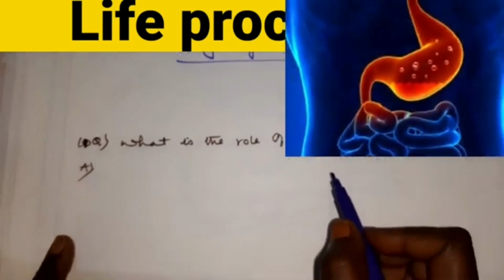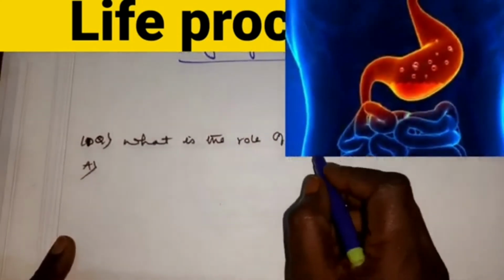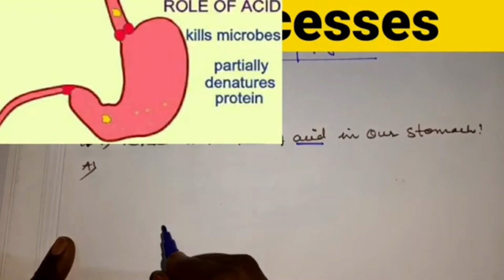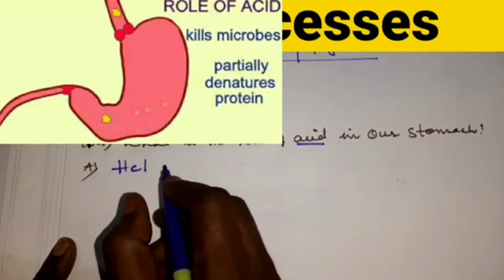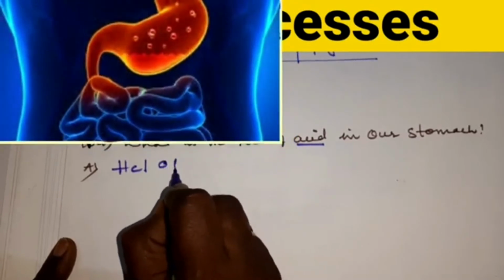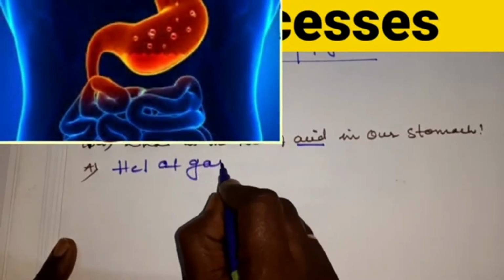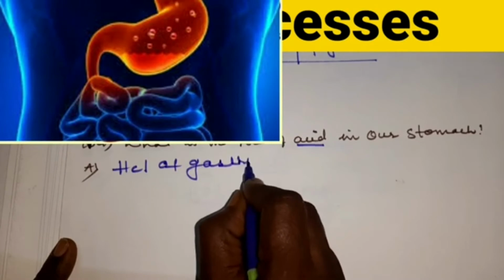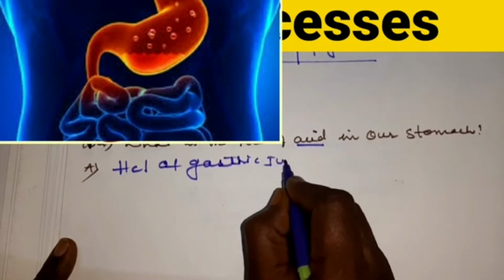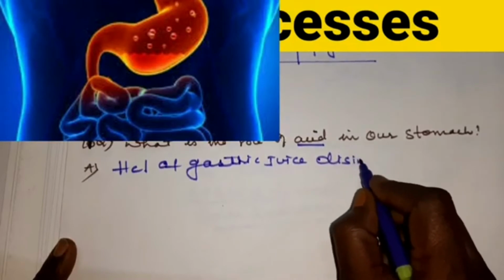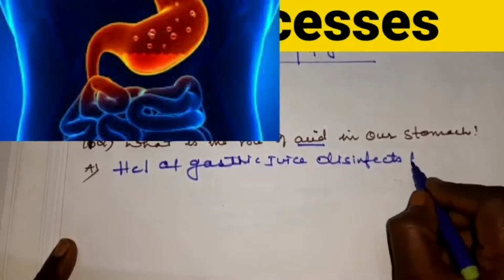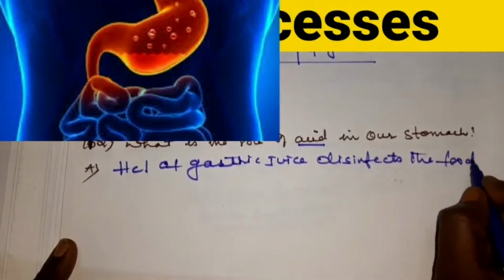What is the role of acid in the stomach? Acid is nothing but hydrochloric acid, which is produced in gastric juice. This gastric juice, which contains HCl, disinfects the food.